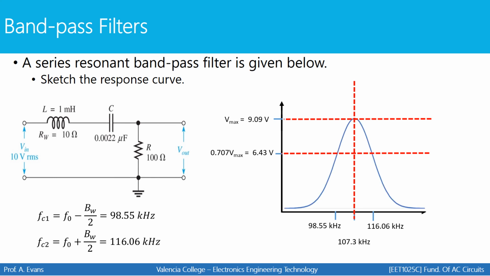And there's my curve. A few things about the curve. The top of the curve, your maximum point, should touch your reference line for the maximum output voltage. Your line for 70.7% of your max should coincide with your two critical frequencies. Notice that this critical frequency reaches this point, and this critical frequency reaches this point, because at these two critical frequencies is where you're going to have 70.7% of your maximum output voltage.